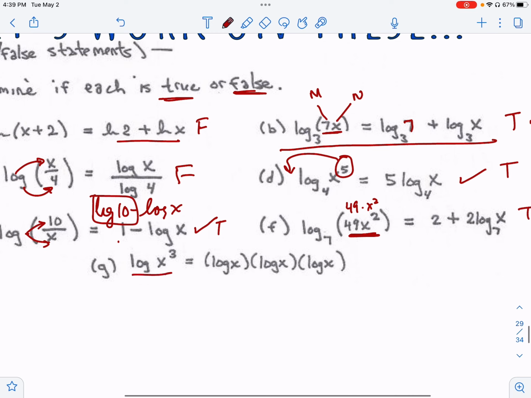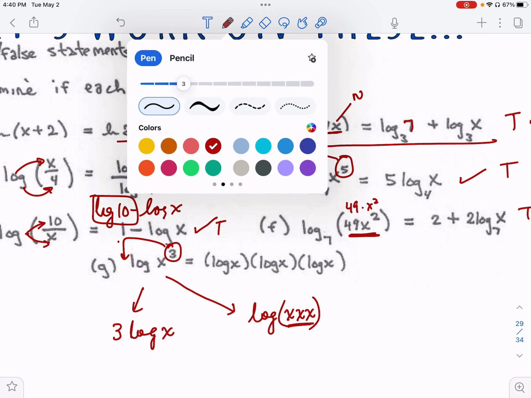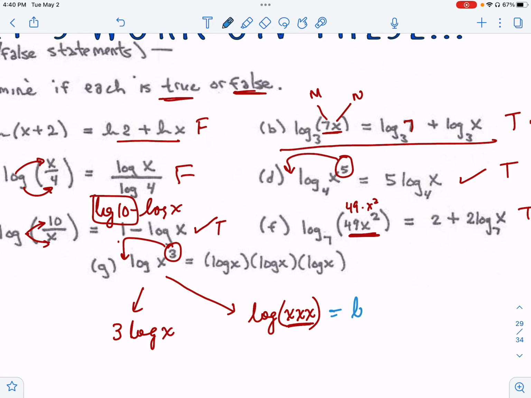Last one here, is this expanded correctly? Well, there are a couple of ways to look at it. Number one, this 3 could have been brought down here, so if I had 3 times log of x, I would have called it true, but I don't see that. The other way is x to the third power basically means x times x times x. So I have a product of 3 expressions, which means I should be able to use the product property.